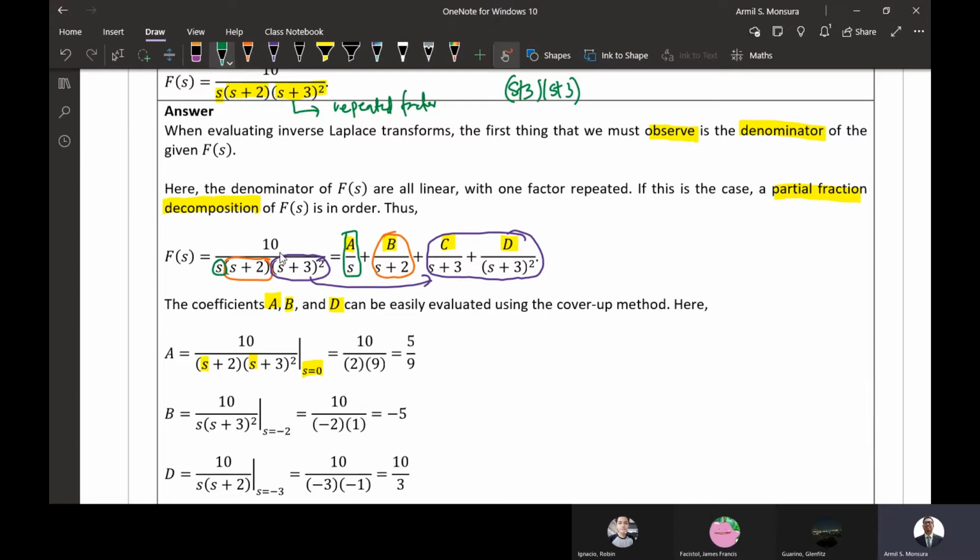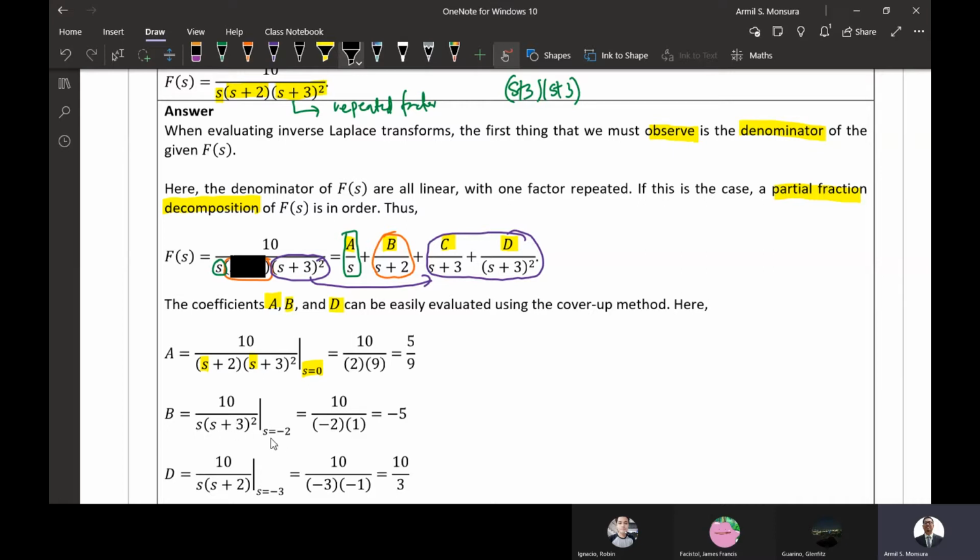Paano yung B? Again, balikan nyo to. Tingnan yung denominator ng B dito. So, yung denominator niya is S plus 2. So, gagawin natin, tatakpan natin yung S plus 2 dito. Tapos, yung matitira, yung 10 over S times S plus 3 squared, yan yung gagamitin natin.